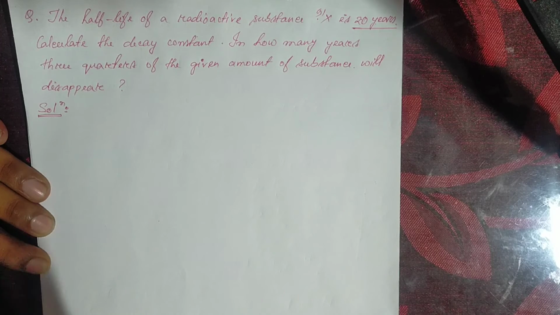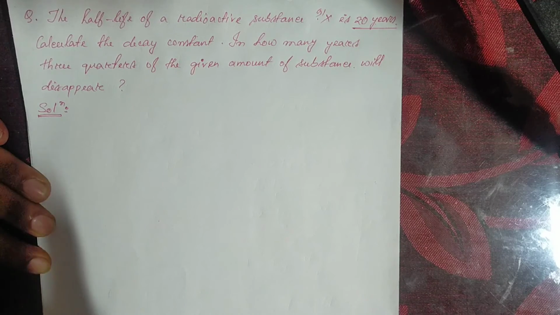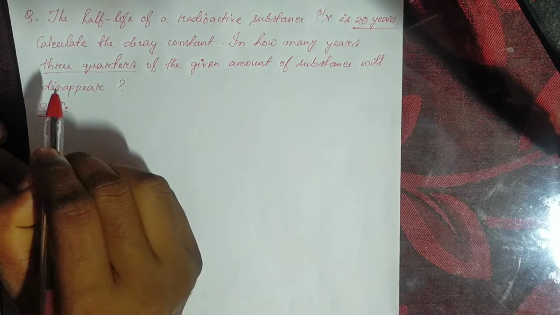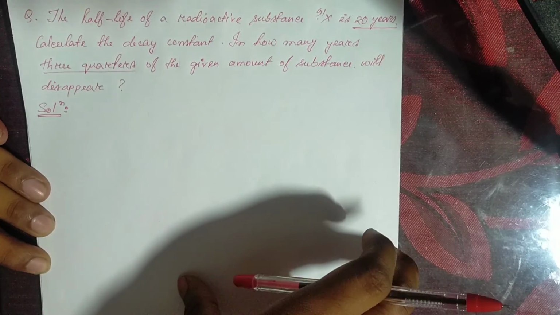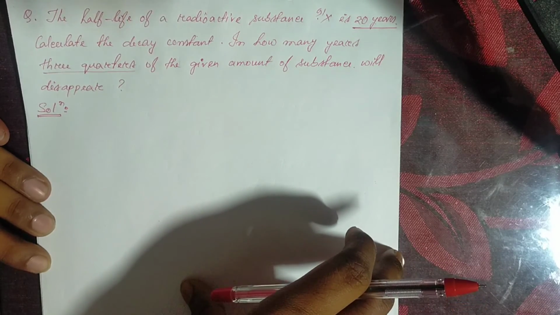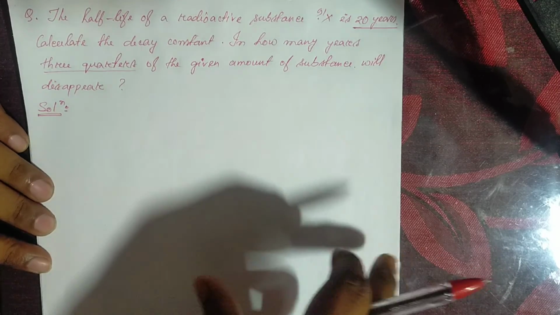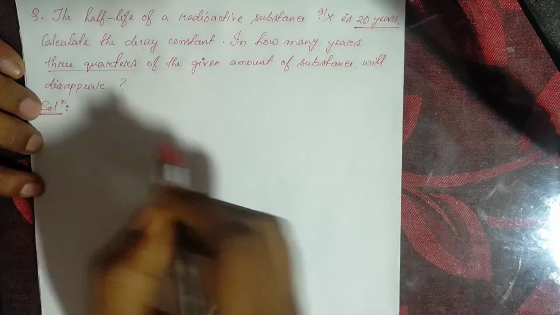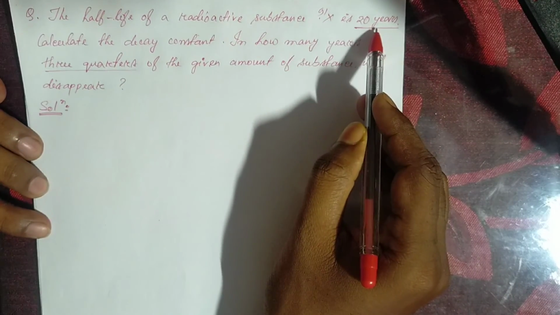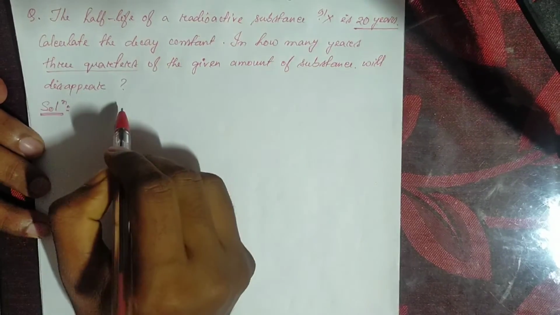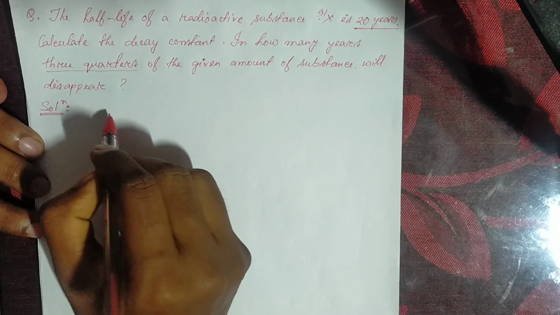That means if the total substance is 100, then 3/4 means 75%. For decay of 75% of the whole substance, how much time will it take? We are going to evaluate that. First of all, we have to get this year in seconds.